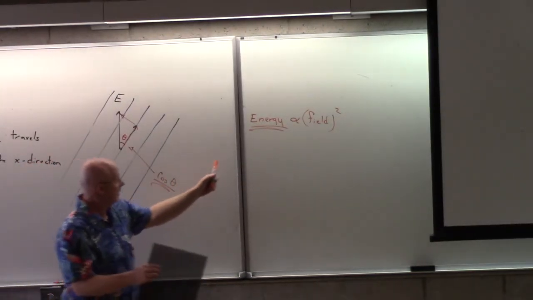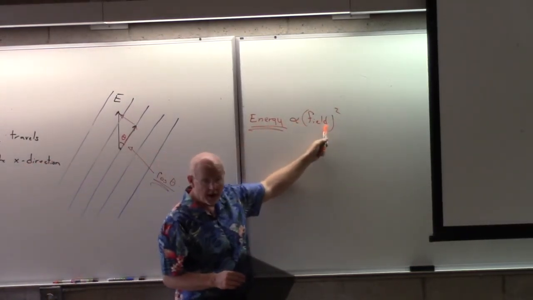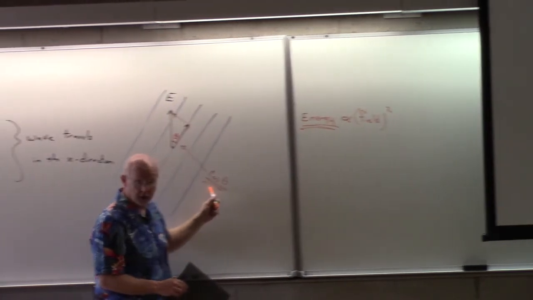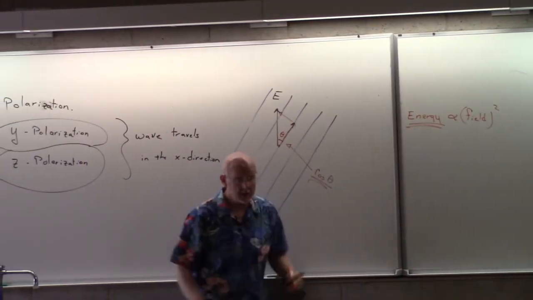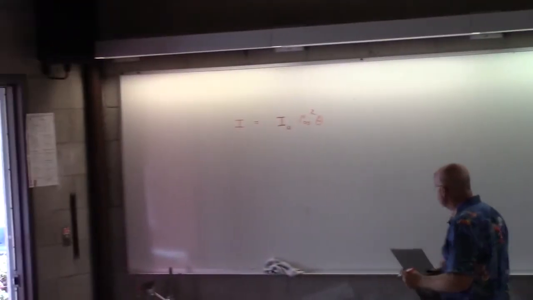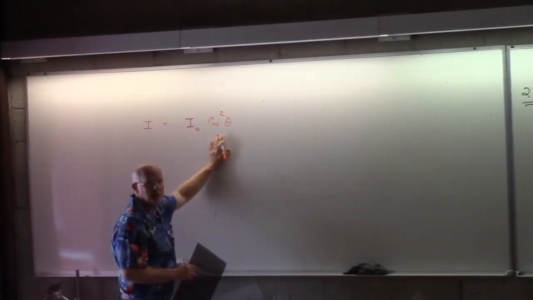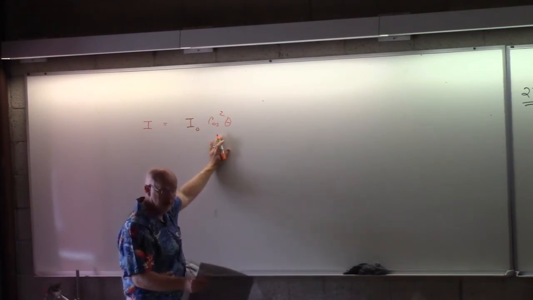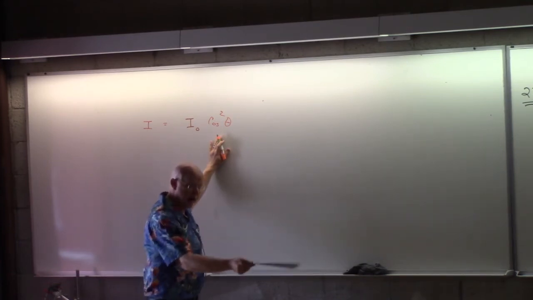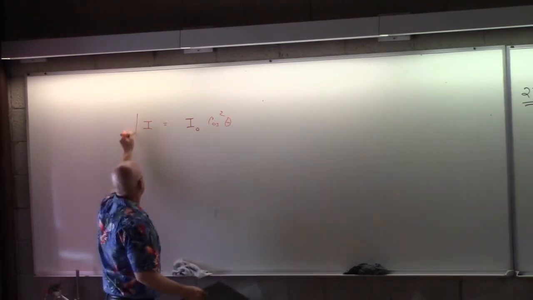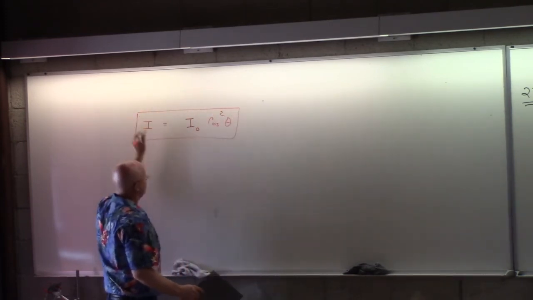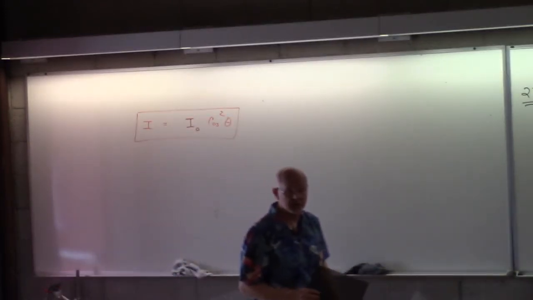Energy is the field squared. So we're going to have to take the cosine and square it. So if I take the original energy and then have a component, cosine, squared, this would tell me how much energy gets through.